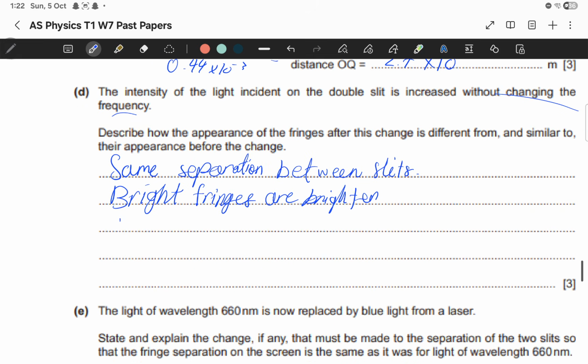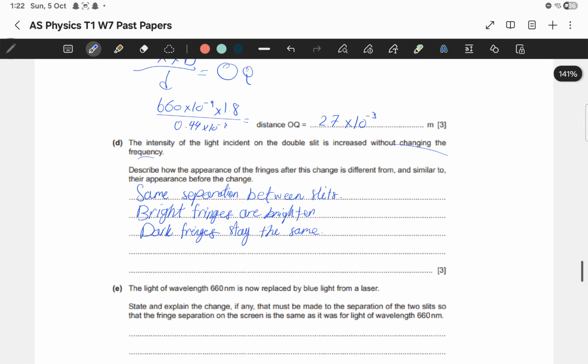The dark fringes stay the same, they are still going to stay dark. If the intensity of the light increases, does that mean the dark fringes are going to get brighter? That doesn't really make sense. They're called dark fringes for a reason.